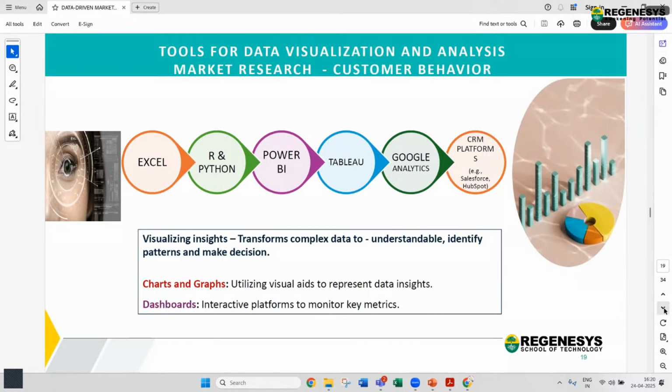So when you deal with data visualization and analysis, you can make use of all these statistical tools to create graphs, charts, diagrams and dashboards. The dashboard is through Google Analytics. So now we have seen what DDM, data driven marketing, is, and why we need it. We can apply all these tools only when you have data with you.